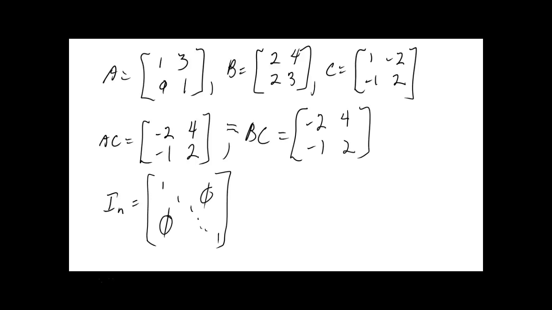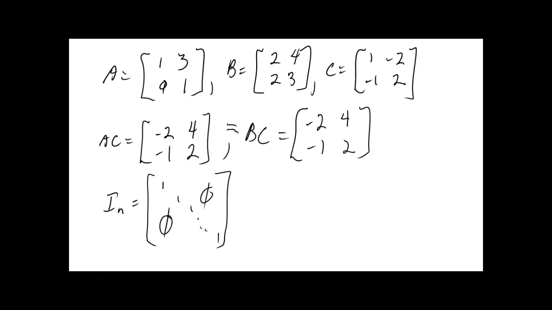So you don't have to say M by N. All you have to say is N by N, or just sub N. I sub N is the N by N identity matrix where all your diagonal entries are ones and zeros everywhere else.